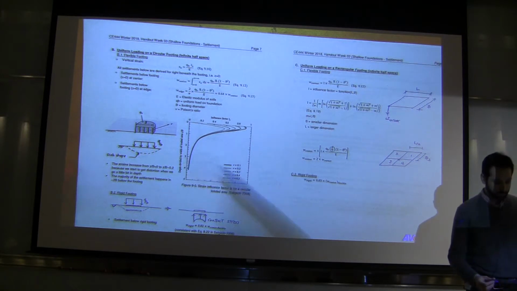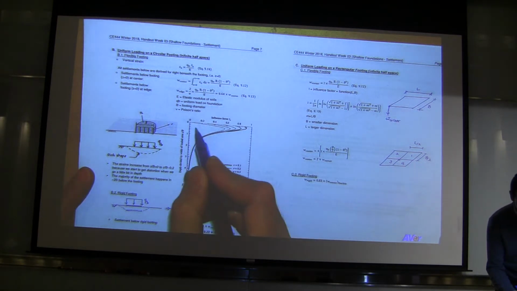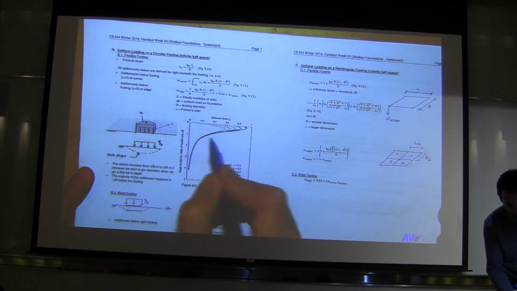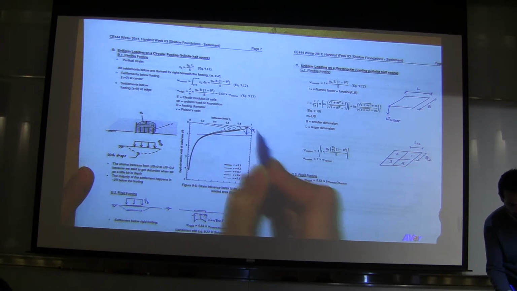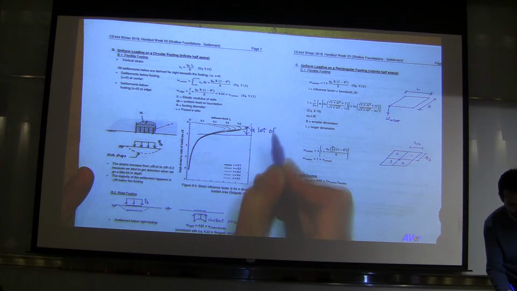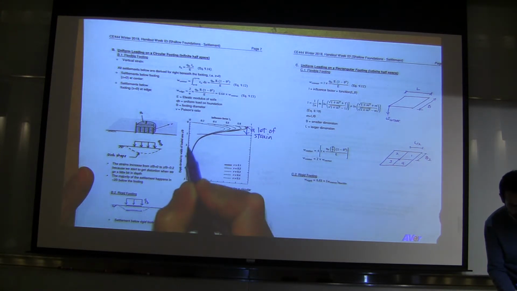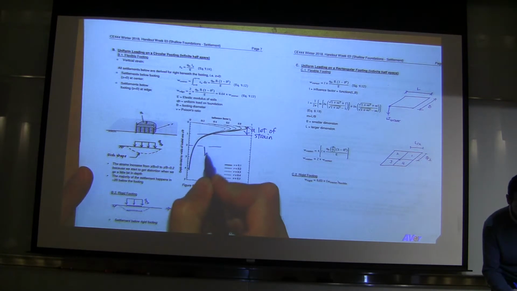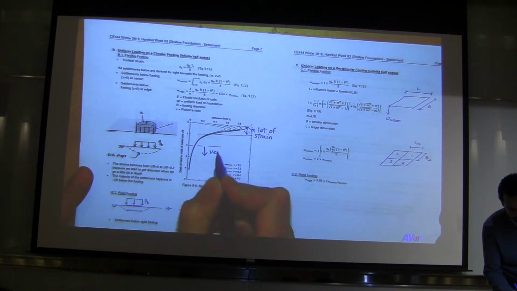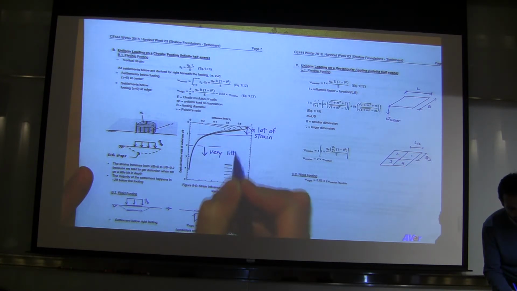This figure tells you that right here you get a lot of strain, and by the time you get below this point, where the vertical axis is z over B, there is very little strain.